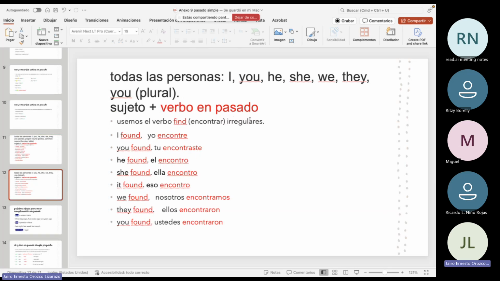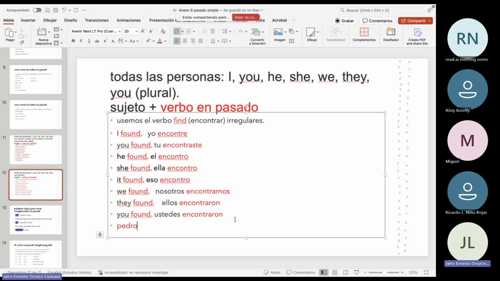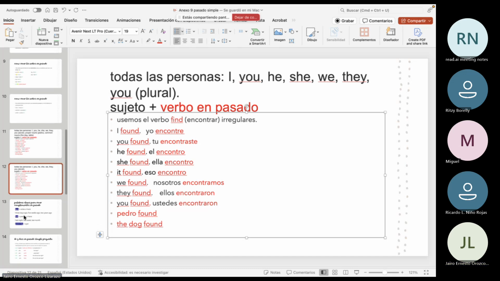With irregular verbs, the same thing. So for example, find: I found, you found, he found, she found, it found, we found, they found, you found, Pedro found, the dog found. So the same verb for every single subject.